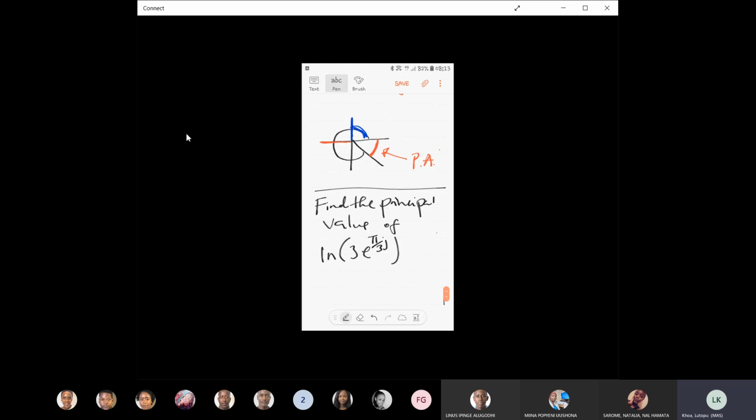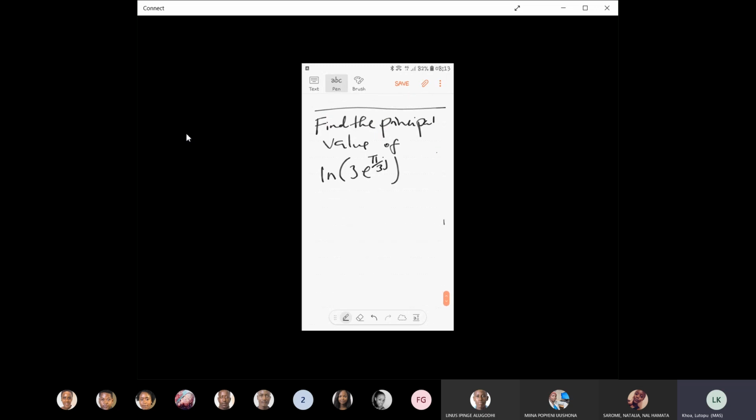Okay, so whenever we're given a complex number like this, first thing you need to decide is, is the angle there that we are given the principal argument or not? If it is, then just apply ln the same way we always do. Now here I have pi over 3.